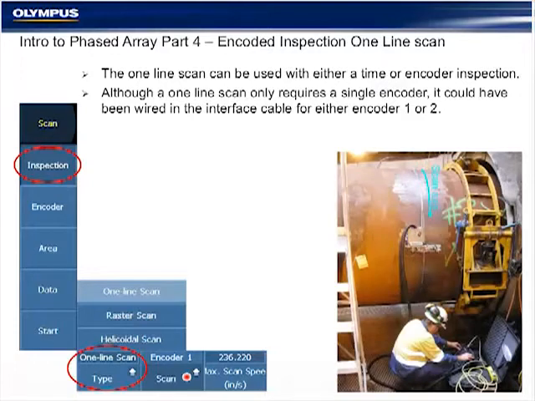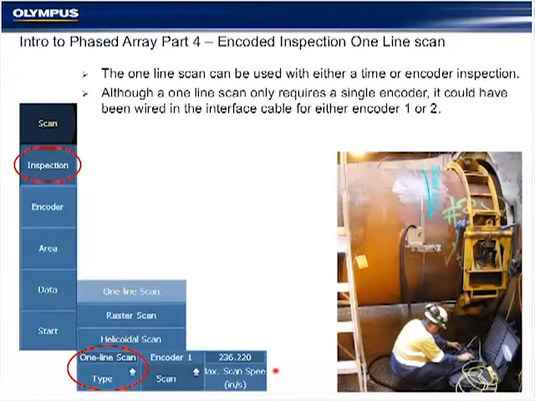The scan axis is the blue ruler, and it's typically associated with the C-scan and the B-scan in our software. And then based on your current configuration, the software will also calculate your maximum scanning speed.